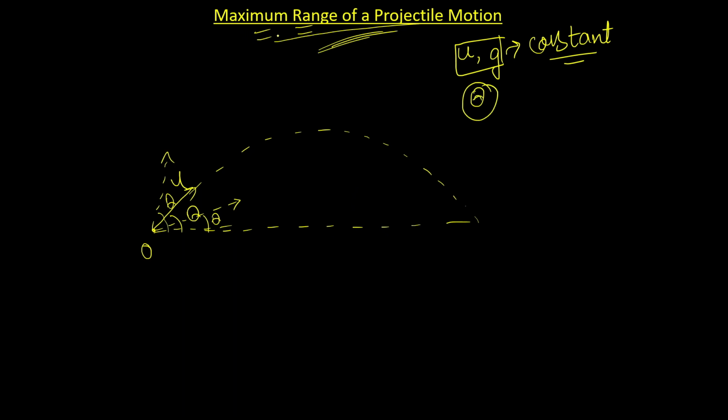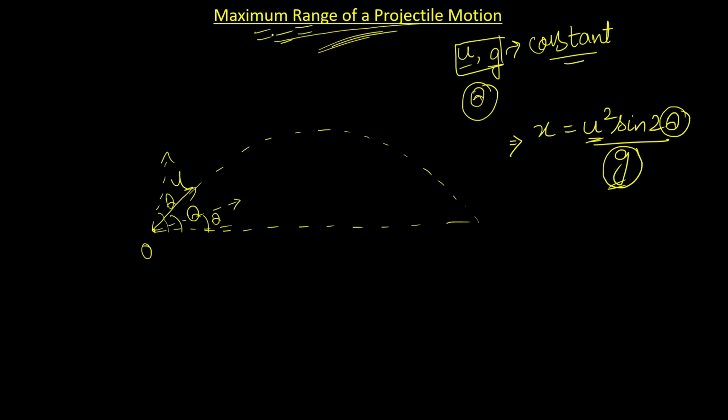And we are talking about range, obviously. And what was the range? As we derived in the previous video, the range was u square sine of 2 theta upon g, where g is acceleration due to gravity, theta is the angle of projection, and u is the initial velocity. In this case, we are assuming u and g are constant.